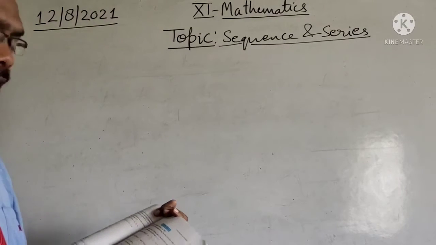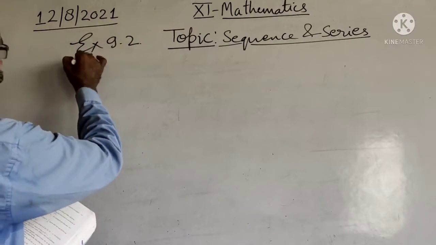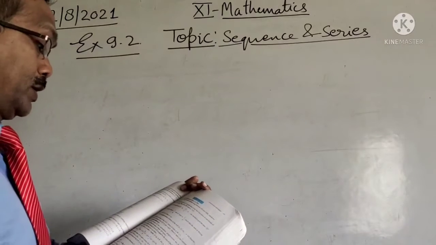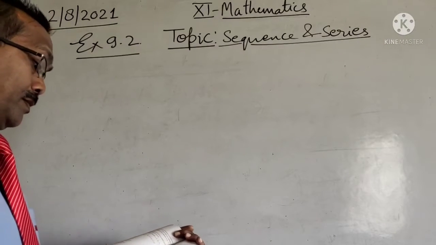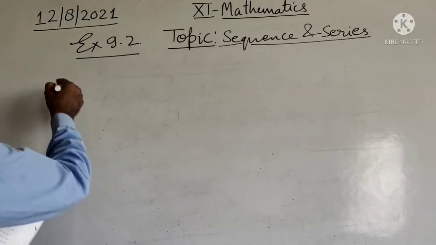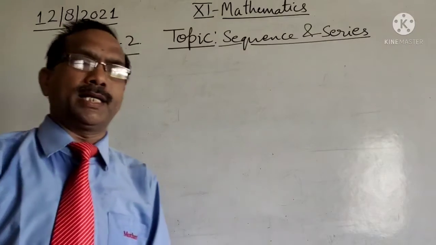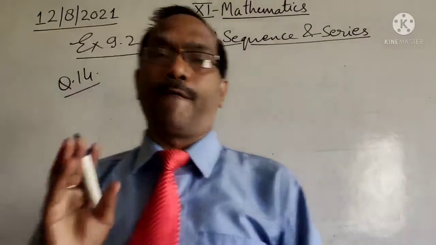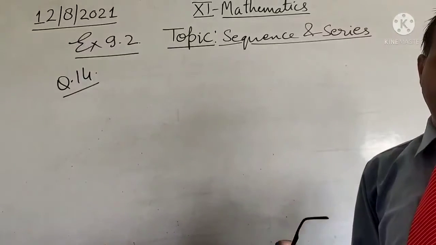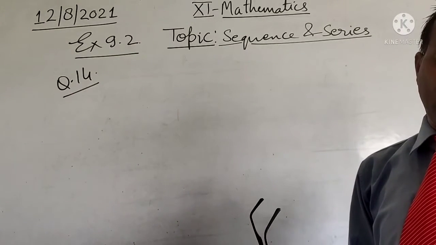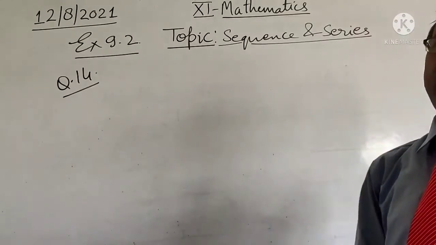Dear student, exercise 9.2 and question number 14. Question is, insert 5 arithmetic means, insert 5 numbers between 8 and 26 such that the resultant sequence is an AP.